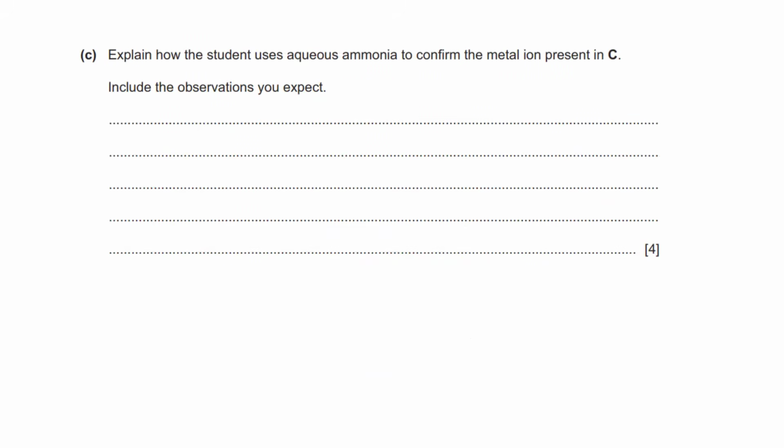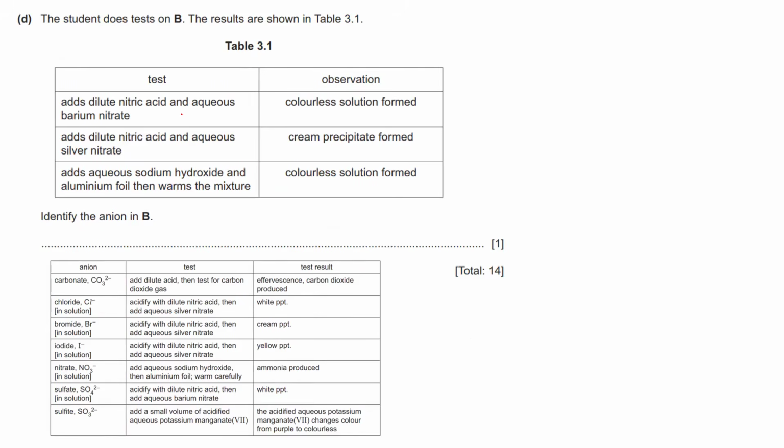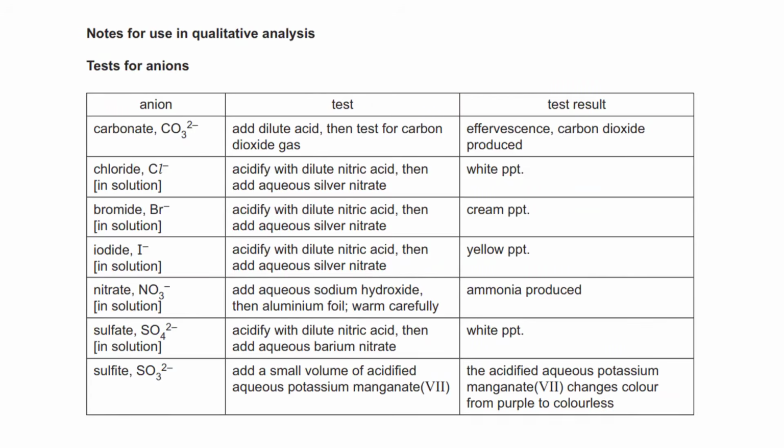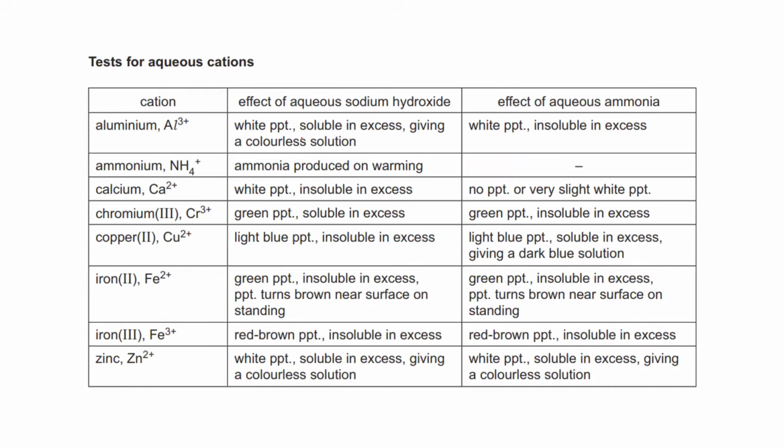Then part C says, explain how the student uses aqueous ammonia to confirm the metal ion present in C. So remember the aqueous ammonia test. In the aqueous ammonia test, we see the metal ions.